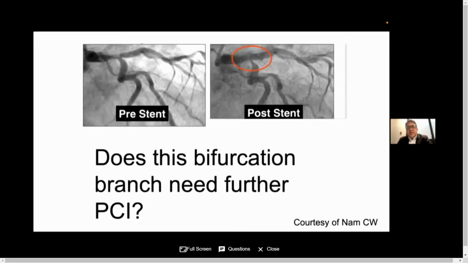The study he did was to look at each of these branches using FFR, and then repeat the measurement after a few months to see if the FFR had changed and if the vessel still remained intact and patent. We'll come back and revisit this later on, but just remember this image and think what you would do in this case. Would you leave it alone? Would you measure physiology, or would you balloon it or stent it even?